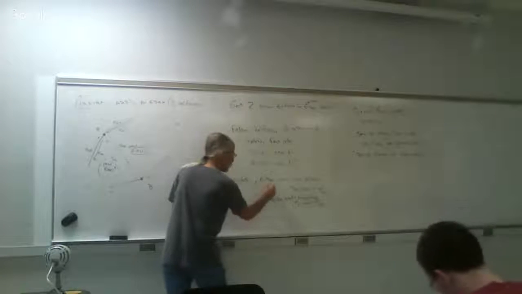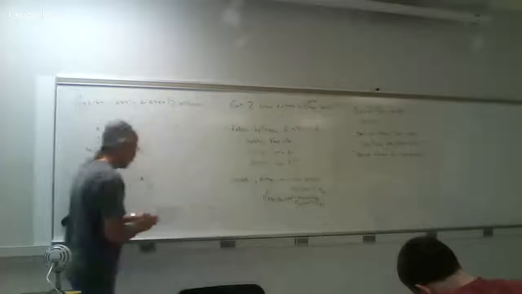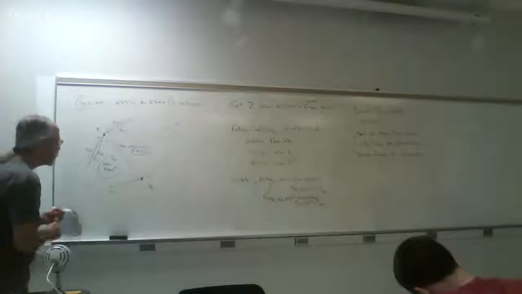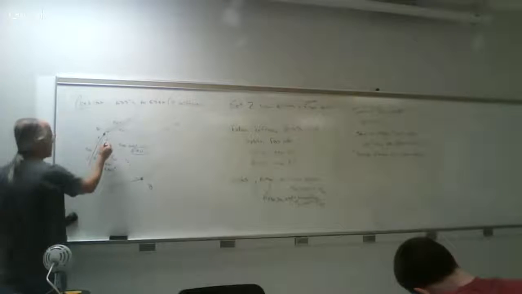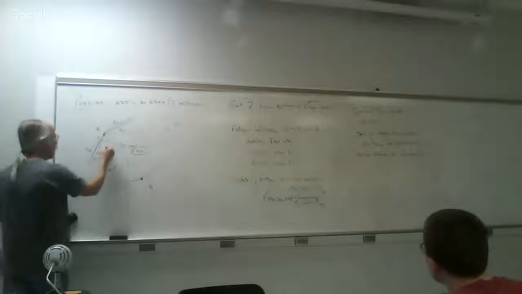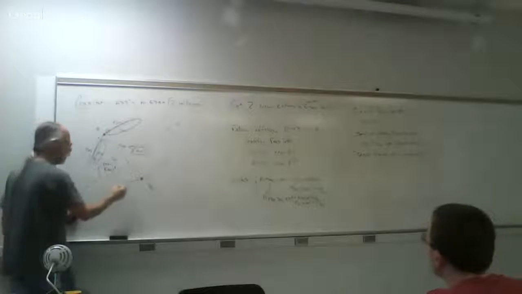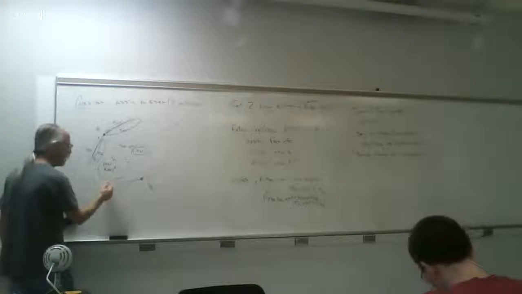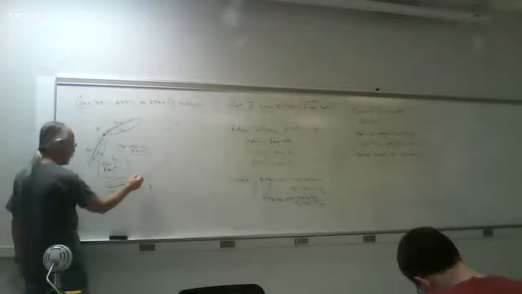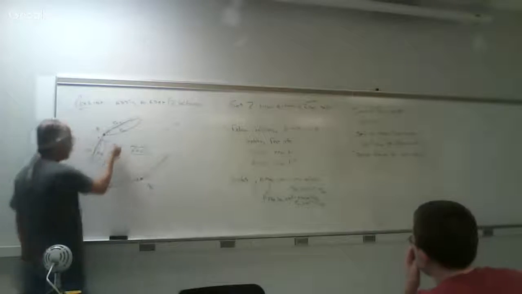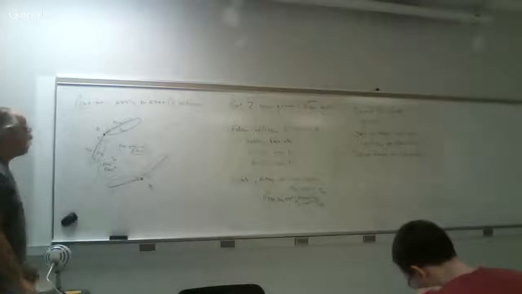I need to do this first and then this in order to avoid losing what I'm doing. The point of this is this half edge has to get updated. This half edge has to get updated. Similarly, down here, this one and this one have to get updated to reflect the presence of the new half edge.